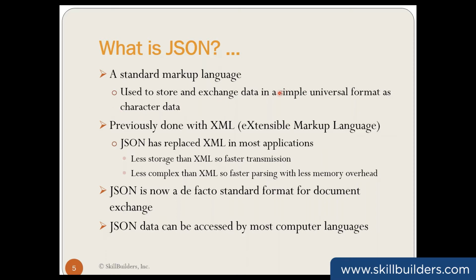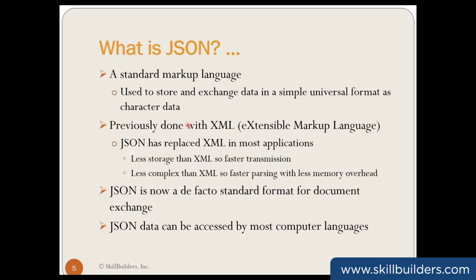And we call it a simple universal format because basically it is the standard format that's used now. Therefore, it's universal, and it's much simpler than the previous version. And by version, I mean a previous markup that used to be the standard in a lot of applications, still used in many applications, but not the standard anymore.